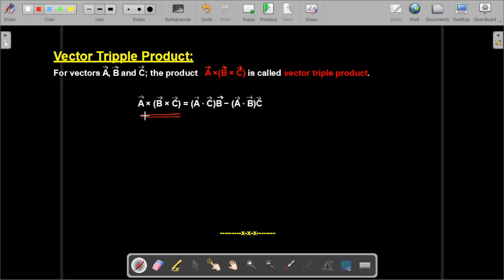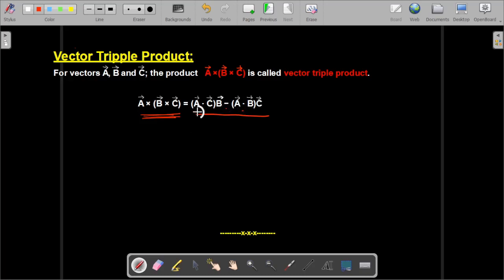The meaning of this product is this. As you take a dot product between A and C, you will come out of this bracket. Later, you will come out of this bracket and the dot product between A and B will be taken. One minus sign will come here.